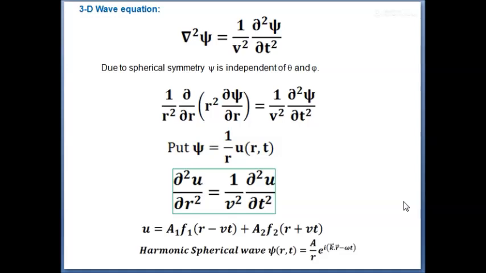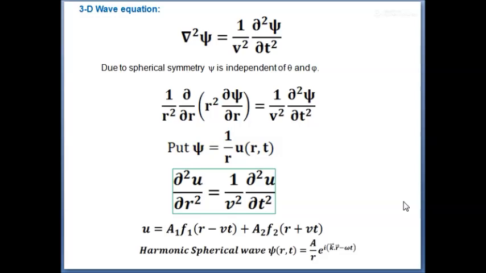Any general form of wave that is generated in a region must be governed by this equation, that is del square psi equals 1 by v square del square psi by del t square. You have already learned this. Psi is a wave function and v is the velocity of that particular wave through that region.